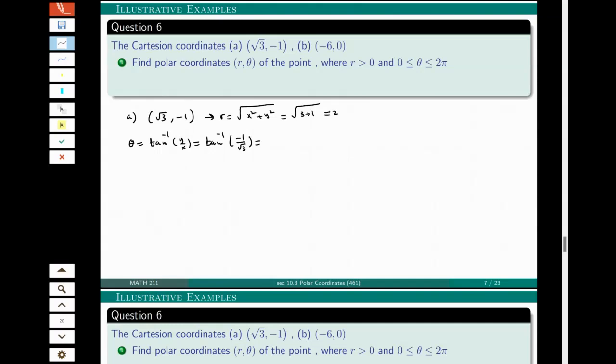So we can say, change it to radian mode. So it will be shift tan inverse, where is tan? Okay. And that will be minus 1 over square root of 3.